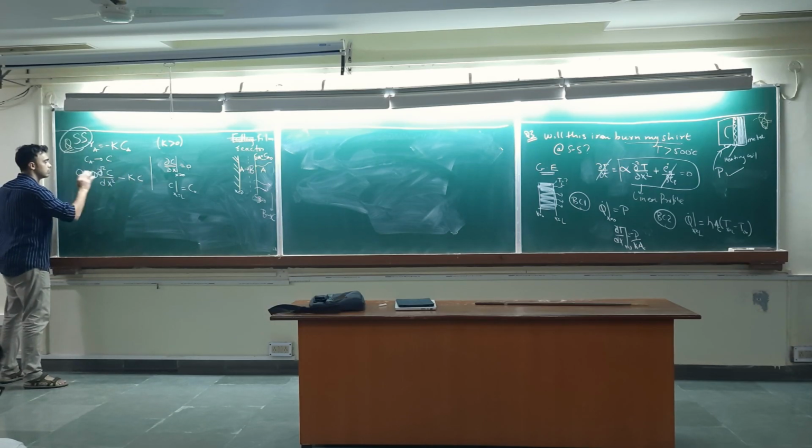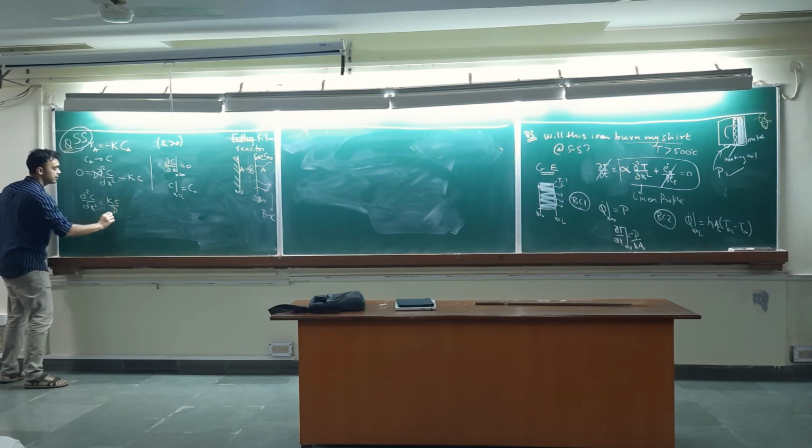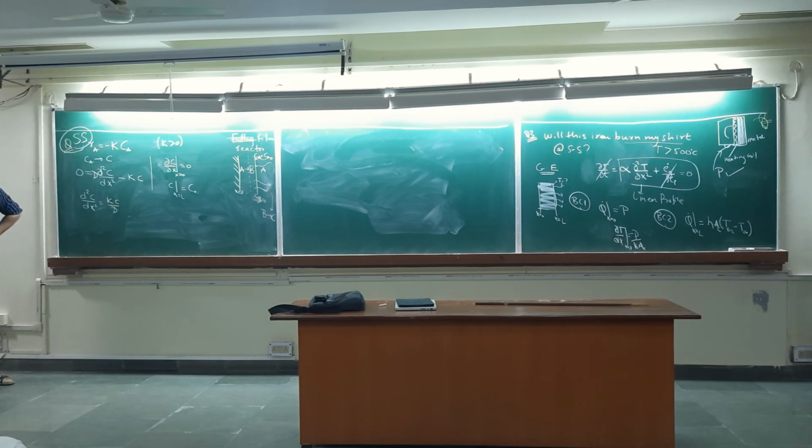So let me take it to the other side, and you have d square C by dx square is equal to kC by D. Yes? How will you solve it? Will this be linear or non-linear? Non-linear, right? But how will we solve this? Can we directly integrate it?